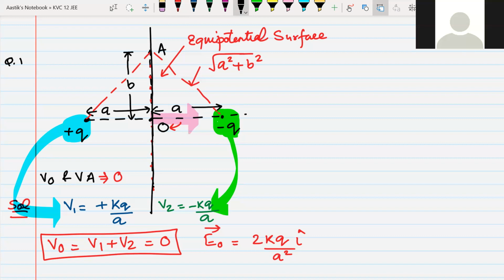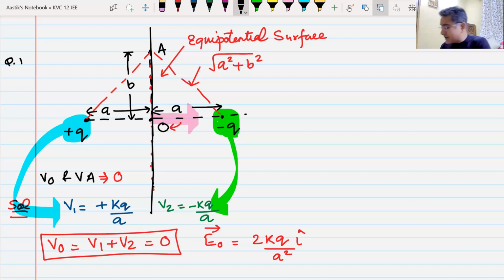The magnitude may not be k cube by A square, but the direction is still I cap. How did you get the direction? This positive charge will create field in this direction. This negative charge will create field in this direction. The vertical components are going to cancel and the horizontal components are going to get added up. Electric field will be in this direction.